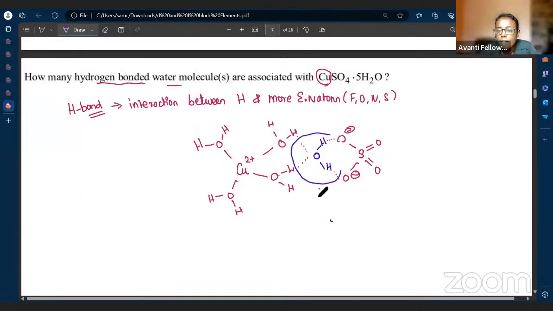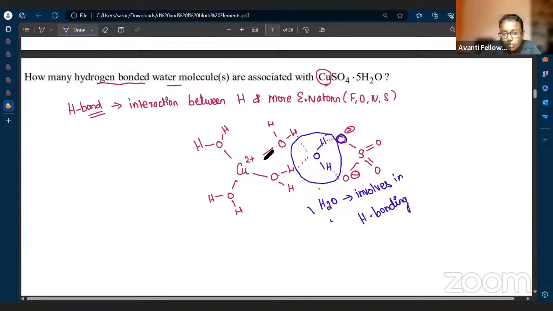So only one water molecule is involved in hydrogen bonding. The oxygens of sulfate are hydrogen bonded with one water molecule, and the copper is associated with water molecules, which again associate with the same water molecule in which the hydrogen bond has been made. So totally only one water molecule is involved in hydrogen bonding. Got this question? Any doubts?